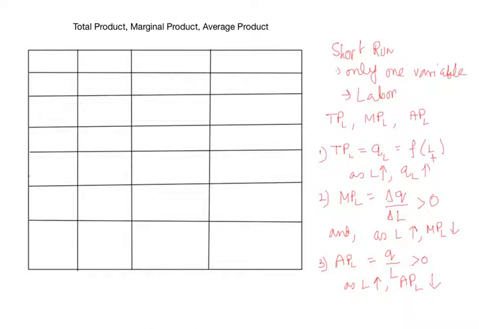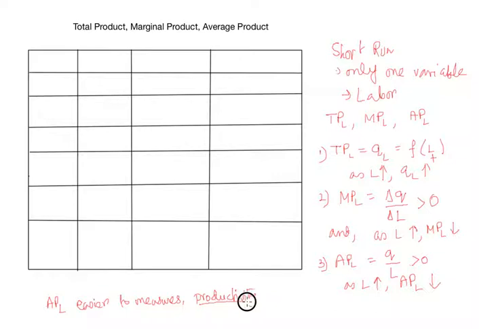Just an extra bit of information. APL is easier to measure, and so in growth theories, for instance, when we try to explain economic growth, a very popular measure is that of productivity, and productivity is simply the average productivity of labor.